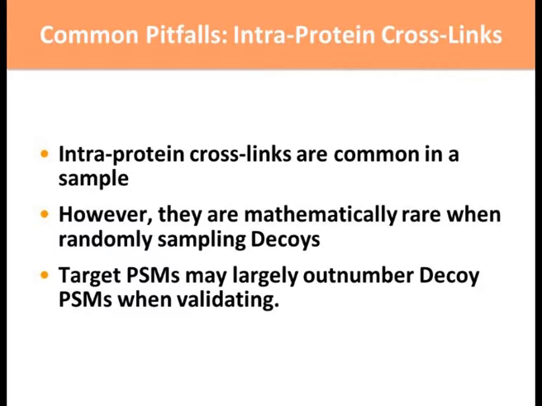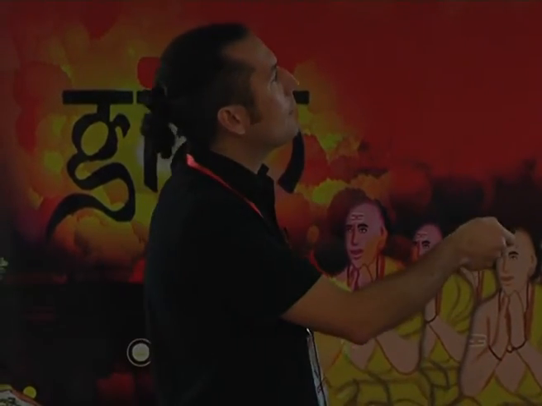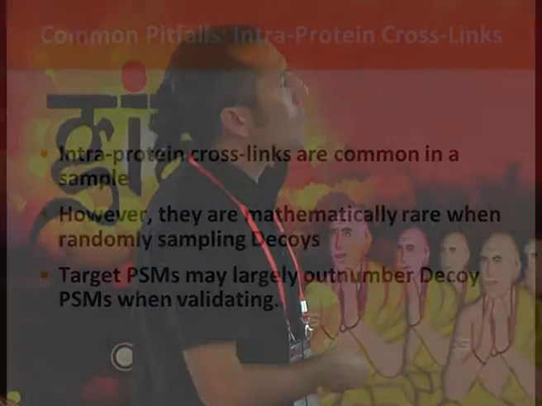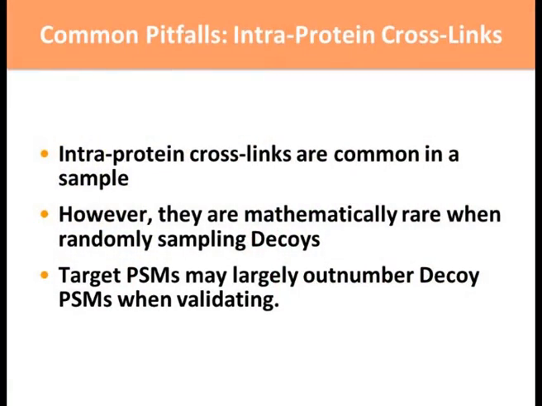Other pitfalls. Intraprotein crosslinks are common in a sample. If you have a purified sample of a complex containing 3 proteins, chances are the bulk of your crosslinks are going to be to the same protein within that complex. The actual cross-linking between 2 of the proteins is rare relative to linking within the same protein. However, mathematically, intraprotein decoy combinations are very rare.